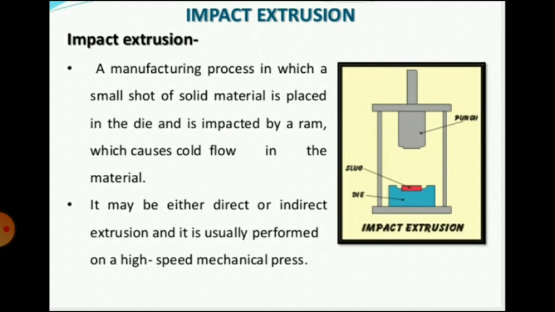Impact extrusion, one more type, is a manufacturing process in which a small shot of solid material is placed in the die and is impacted by a ram, which causes cold flow in the material. It may be either direct or indirect extrusion, and it is usually performed on a high speed mechanical press.